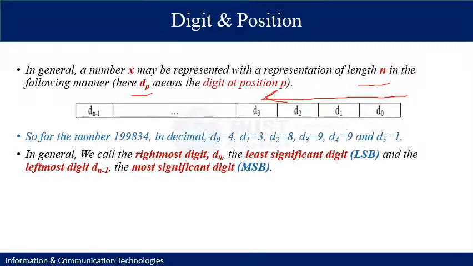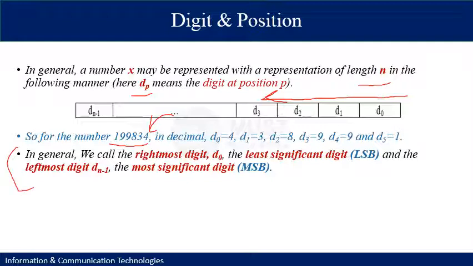So for example, if you want to represent this number in decimal, at location 0, or d of 0, we have 4, at d of 1 we have 3, at d of 2 we have 8, at d of 3 we have 9, at d of 4 we have another 9, and at d of 5 we have 1. So here are some terms to remember.